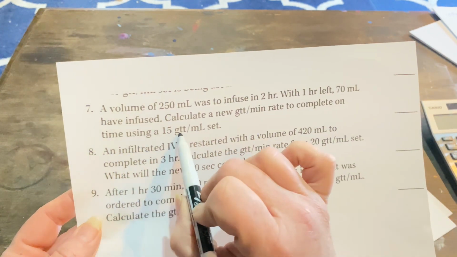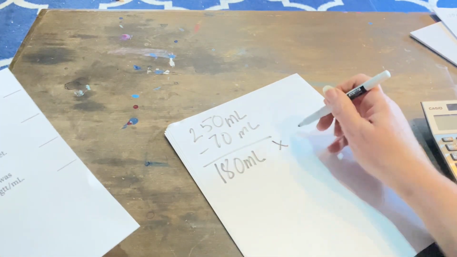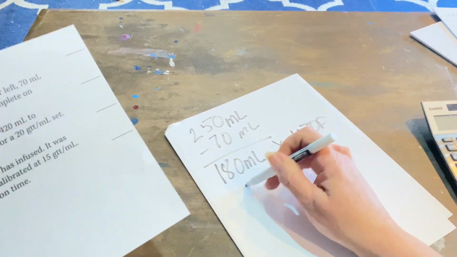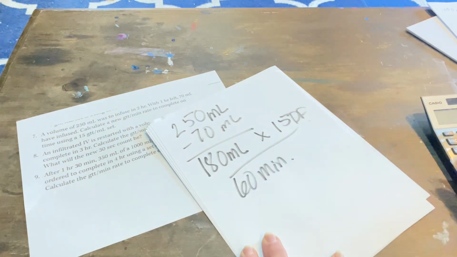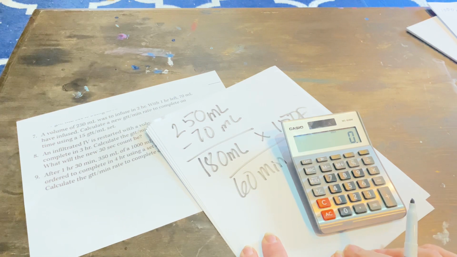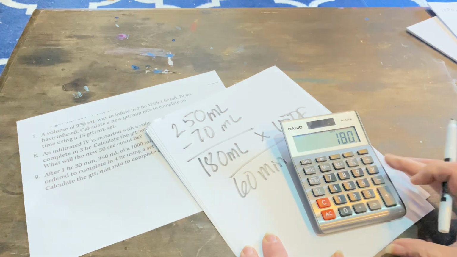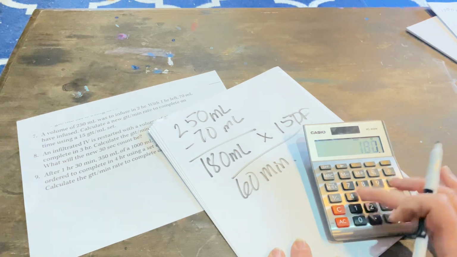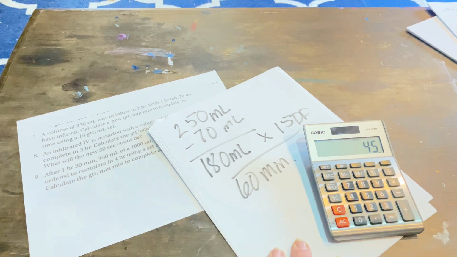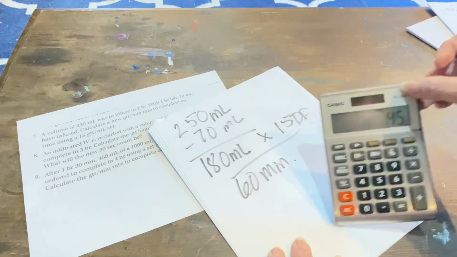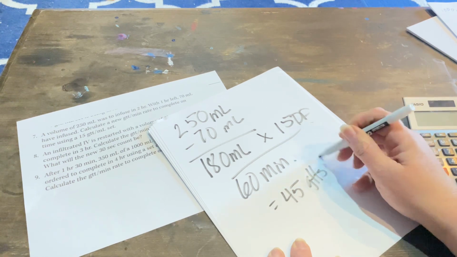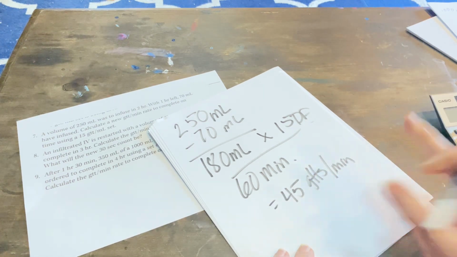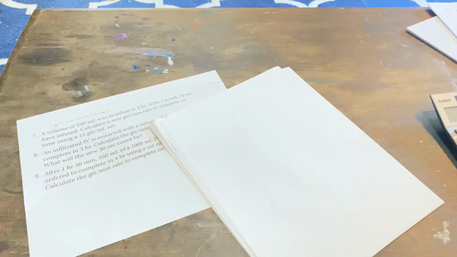And it's a 15 drop factor, so we're just going to do 15 drop factor over 60 minutes. Oh, I'm sorry. Are y'all all right? 60 minutes. And here we go. 180 times 15 divided by 60. And that's going to be 45. You see that? Equals 45 drops per minute. Look at us rolling. Picture me rolling.